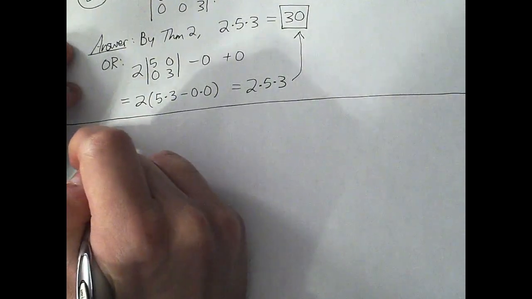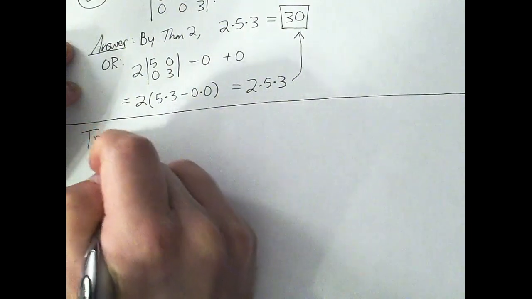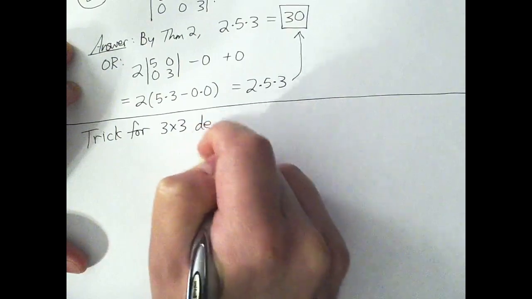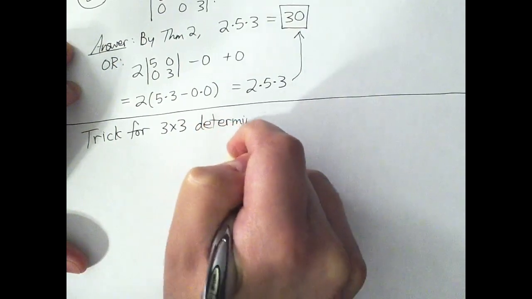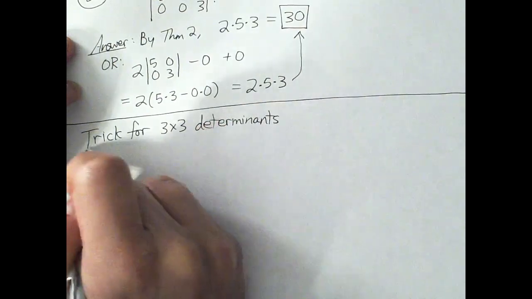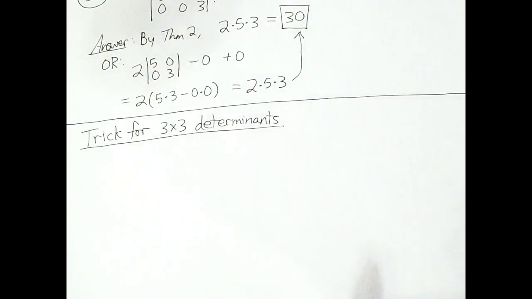The one more thing for this section is that there is also another trick for 3 by 3 determinants. And this is also going to be a shortcut specifically for the 3 by 3 case. Now, you know how the 2 by 2 case has a specific shortcut?